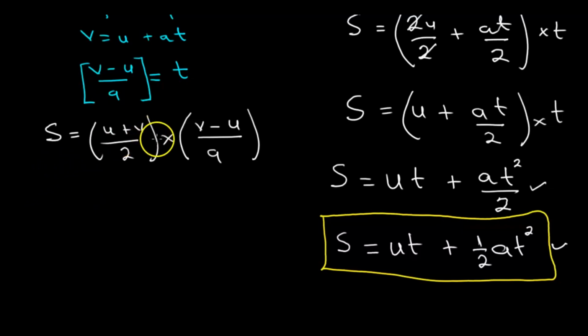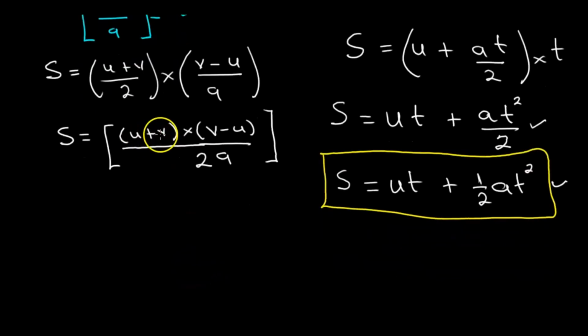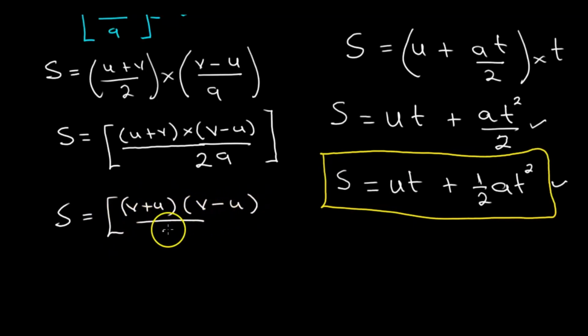This is multiplying, so I can write s equals u plus v multiplied by v minus u, all divided by a, and this is also divided by 2. When you multiply them, that will be 2a. Since addition is commutative, I can rewrite this as v plus u multiplying v minus u, divided by 2a.